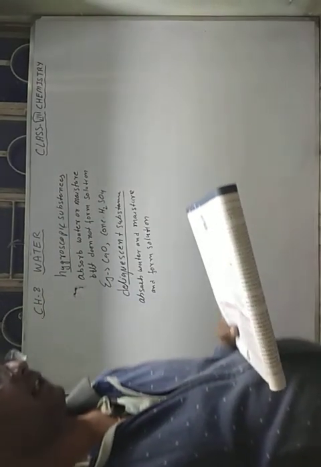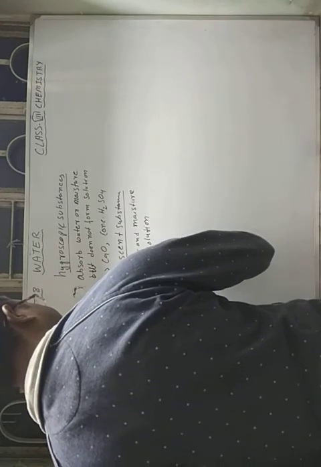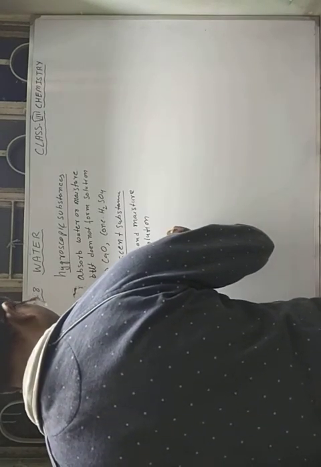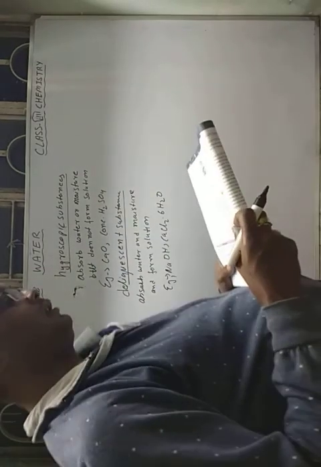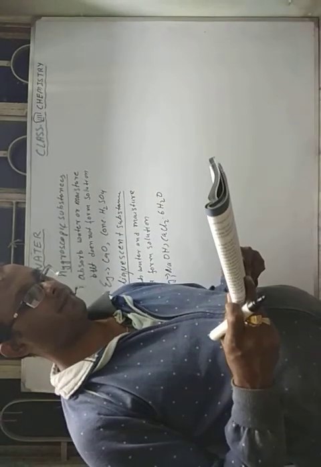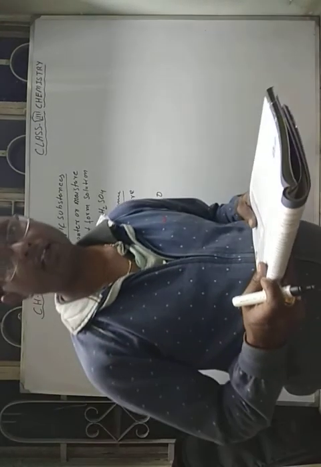So many examples are there. For example, NaOH, sodium hydroxide, then calcium chloride.6H2O. Other examples are P4O10, FeCl3, potassium hydroxide, and magnesium chloride.